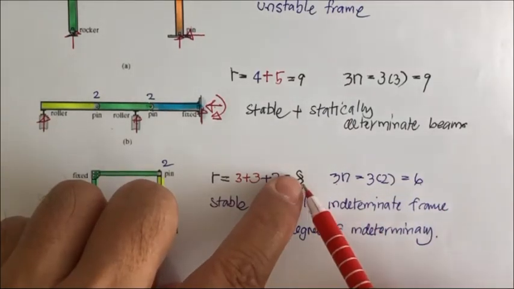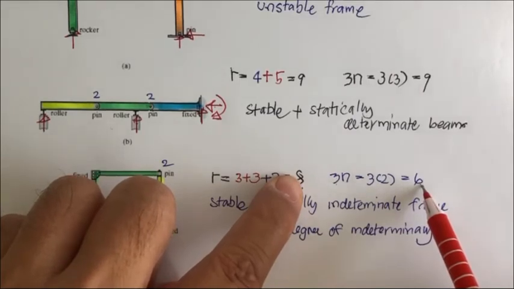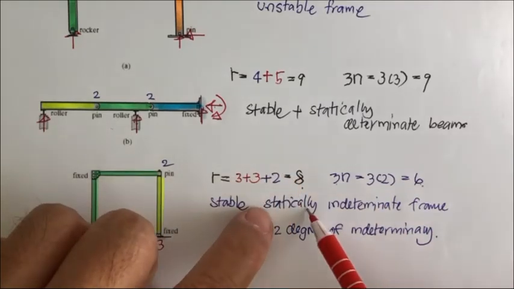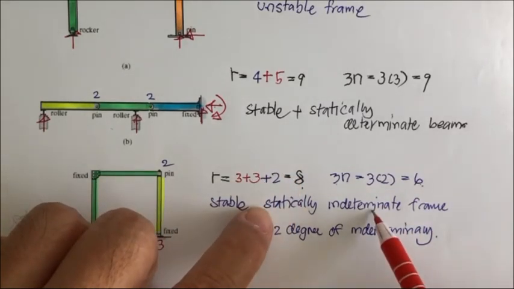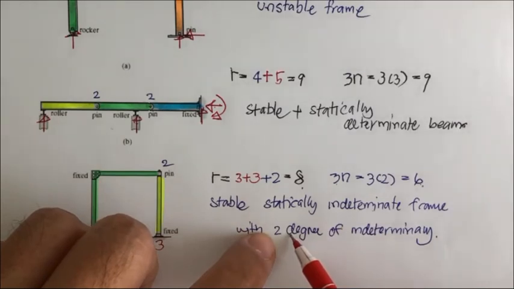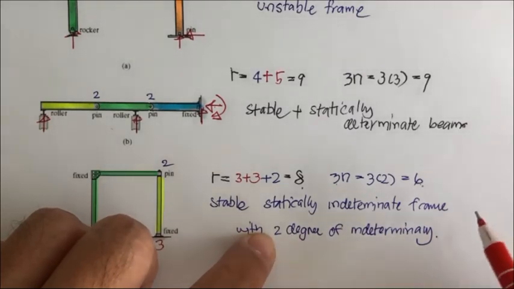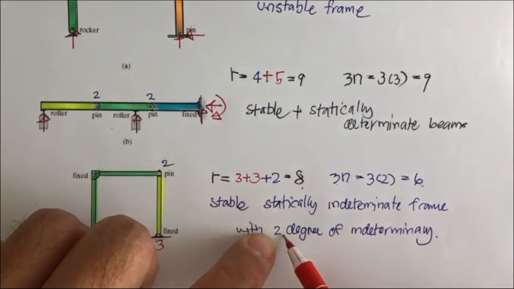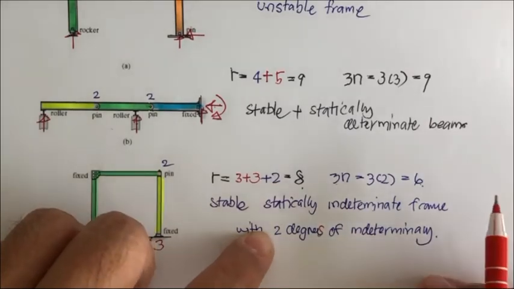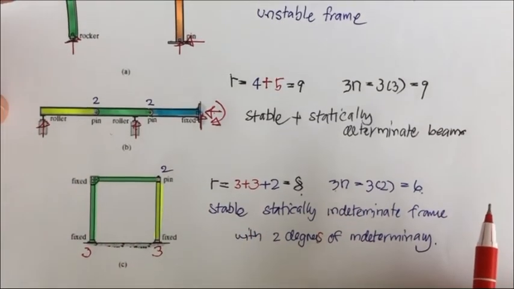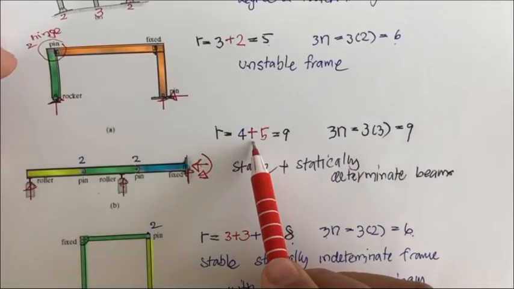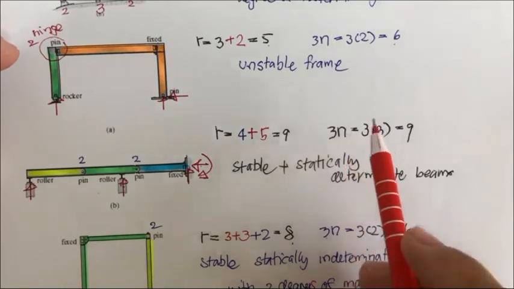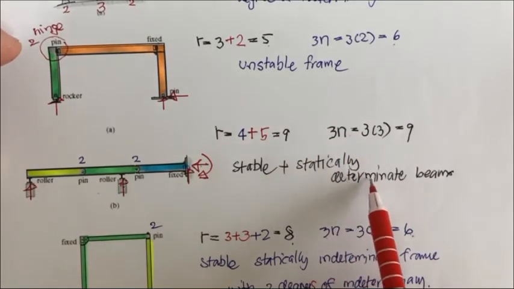If the unknowns are more than the equations of equilibrium, the structure is statically indeterminate. And then you check the degree of indeterminacy, just R minus 3n. You get 2 degrees.